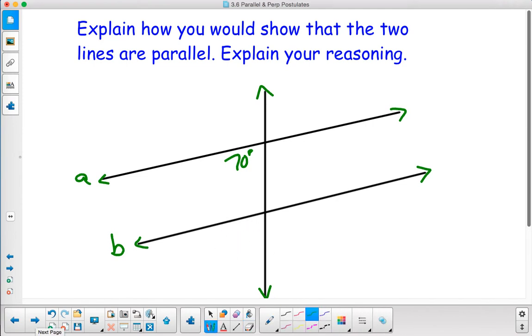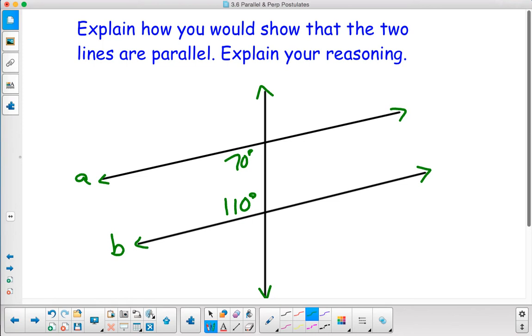Change that angle and I'll put it here, 110 degrees. And you might say, well, they're same side interior angles, but they need to be supplementary, and they are. It's not that they need to be congruent, it's that they're supplementary. So this is an example of the same side interior angle converse as the support, that there are parallels.